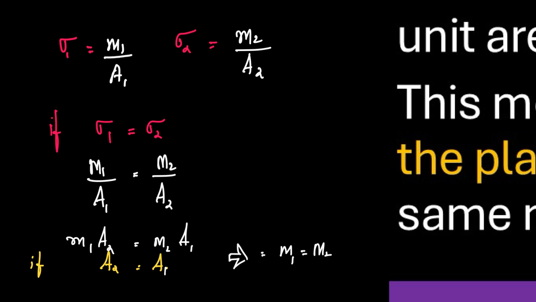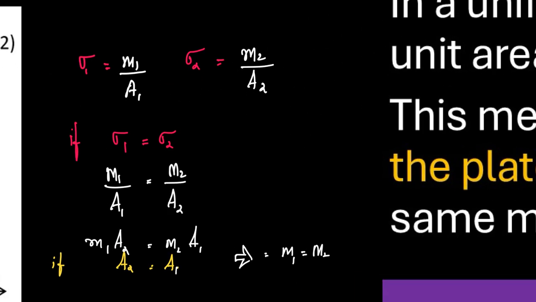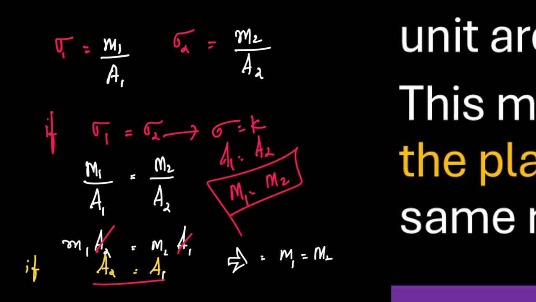If sigma 1 is equal to m1 by a1 and sigma 2 is equal to m2 by a2, and if we say that the mass density is constant throughout, it means sigma 1 should be equal to sigma 2, and therefore m1 by a1 should be equal to m2 by a2, or in other words, m1 a2 should be equal to m2 a1. And in this, if a2 is equal to a1, then it should imply that m1 is equal to m2. Therefore, when sigma is a constant and when areas under consideration are equal, we can say that the corresponding masses should also be equal. M1 is equal to M2.